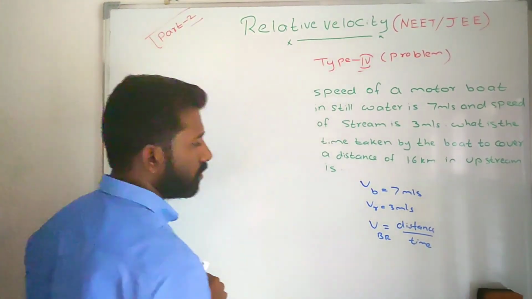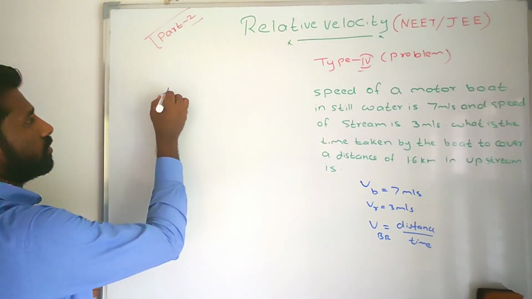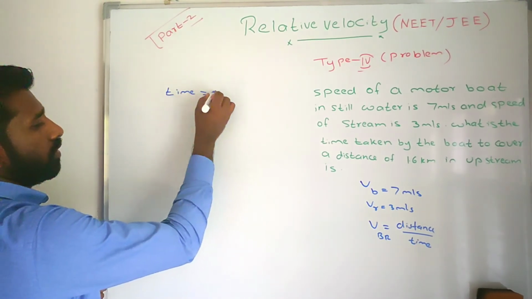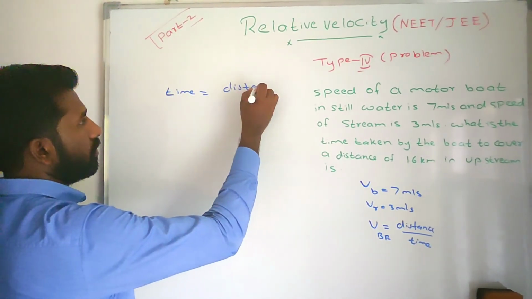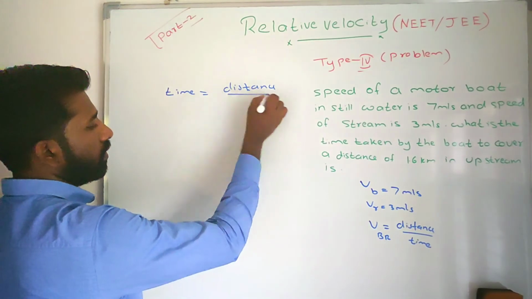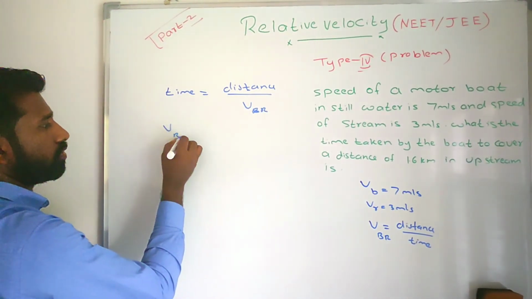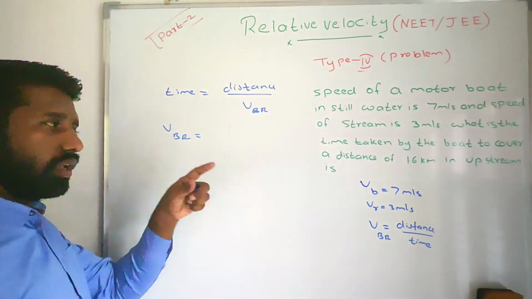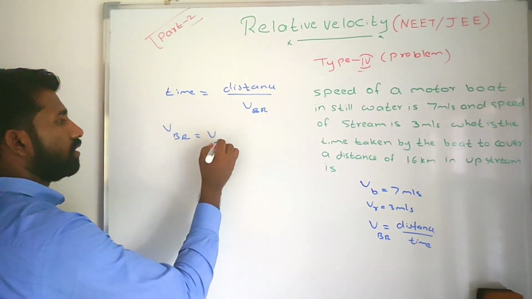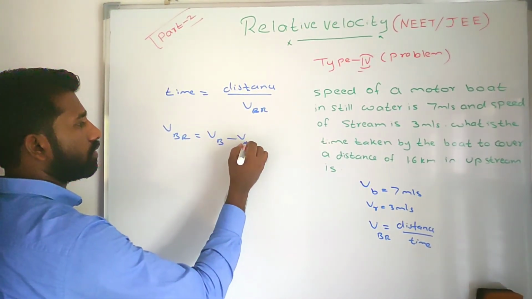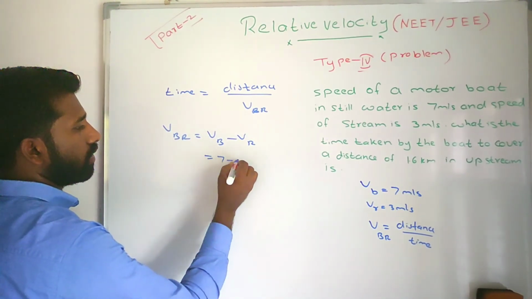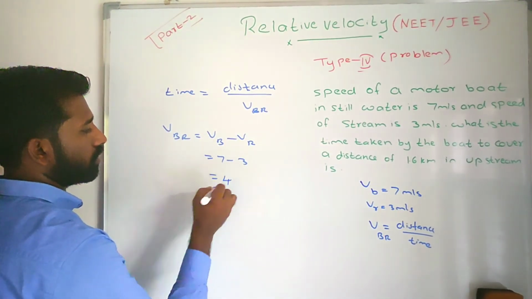Time is equal to distance divided by the velocity of the boat with respect to the river. What about the velocity of the boat with respect to the river? In the upstream, the velocity is the velocity of the boat minus the velocity of the river. That is 7 minus 3, so you will get 4.